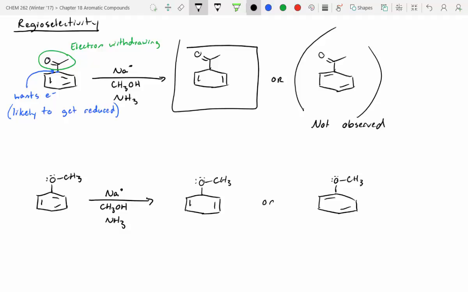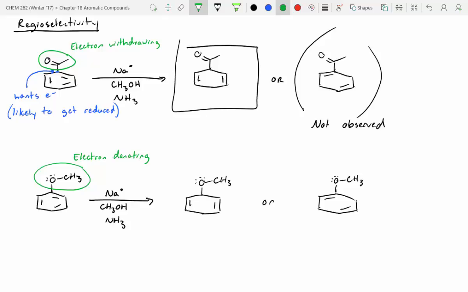Anisole, right? Or methoxybenzene if you want to use the more traditional name. Is this going to be electron donating or electron withdrawing? Donating. We can most definitely push these electrons in. So this entire group is going to be electron donating. There's no way to pull electrons out of the ring without violating one of the octet rules.